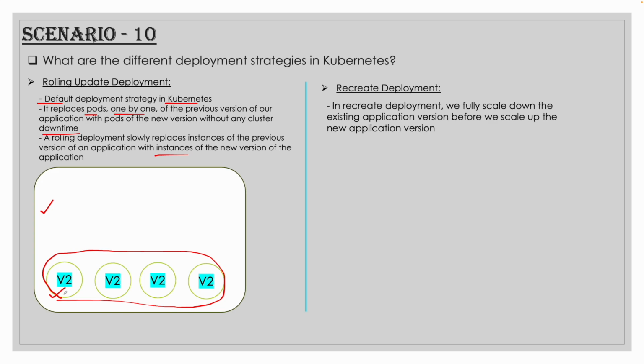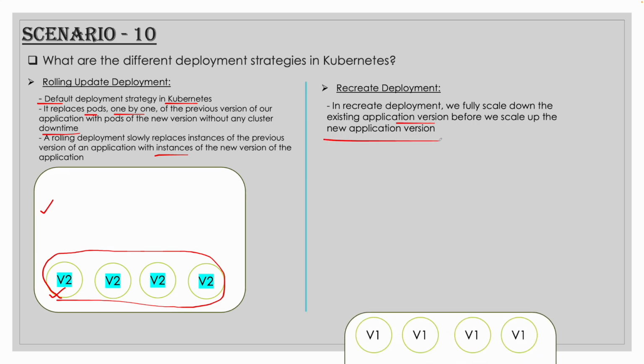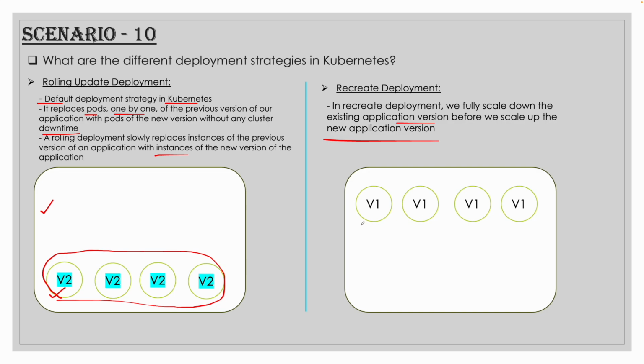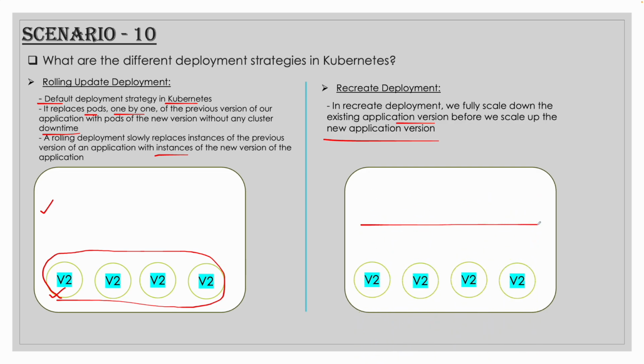The other deployment we have is recreate deployment. In recreate deployment, we fully scale down the existing application before we scale up the new application version. So what will happen, all these 4 pods which are serving your web application will be dropped and a new set of pods will be created.